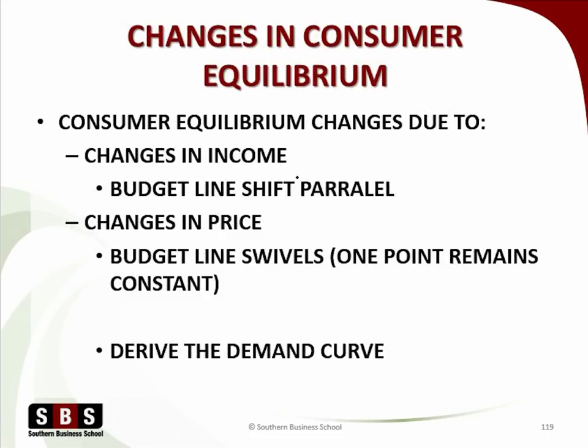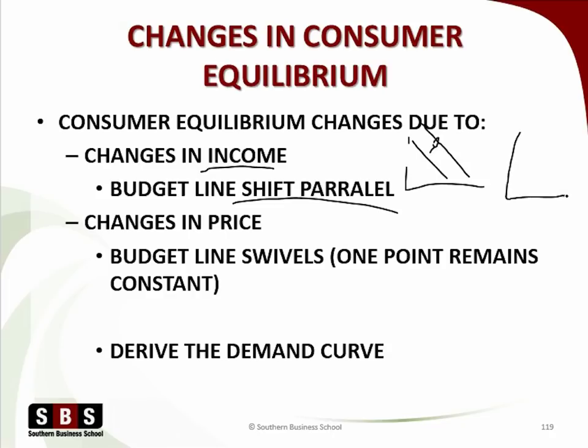And then changes in price. This is important to understand. If there's a change in income, then the budget line will shift parallel. But if there's a change in the price, it will swivel from one point.